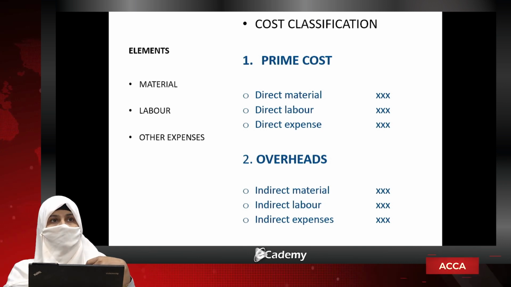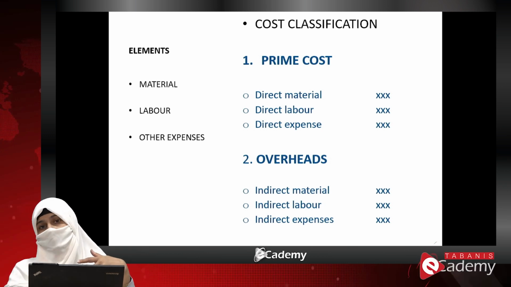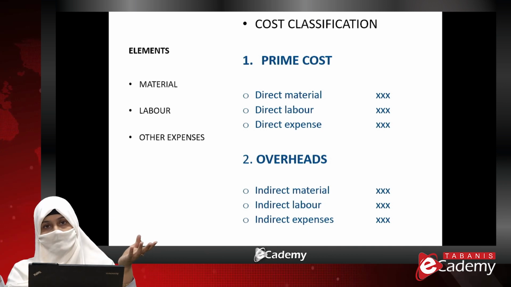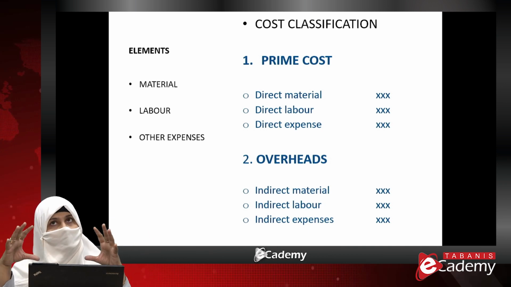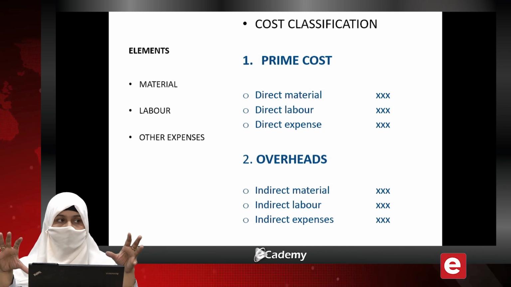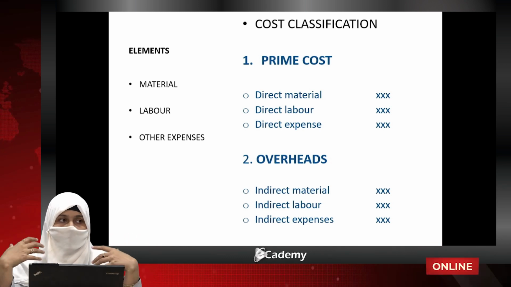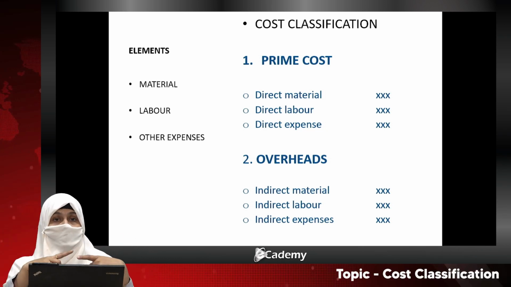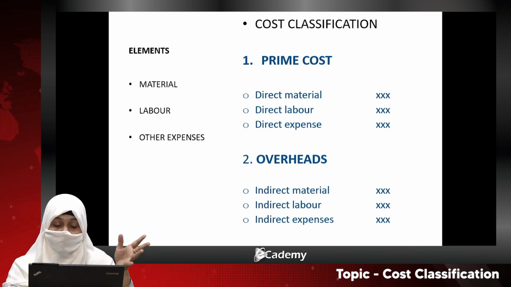For example, rent, insurance, all the utility bills. If I am paying the electricity bill, it is not because the customer has asked me to; it's my general requirement. So it comes under the head of indirect expense.